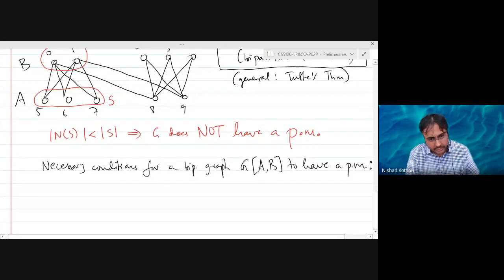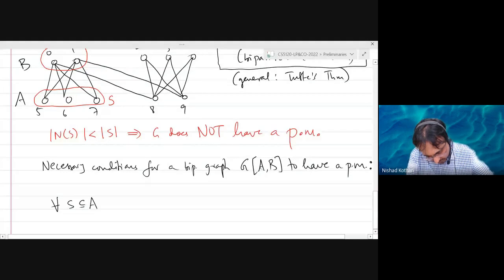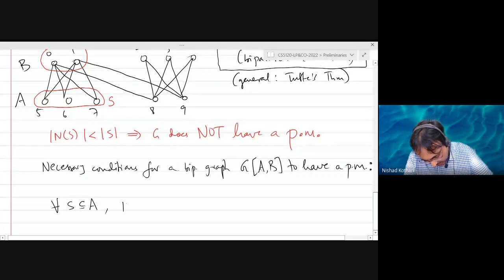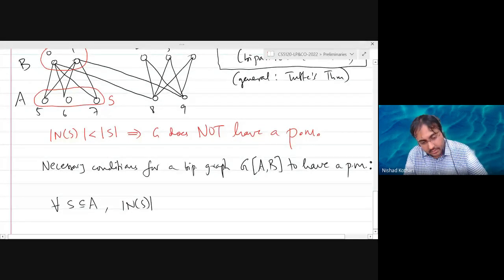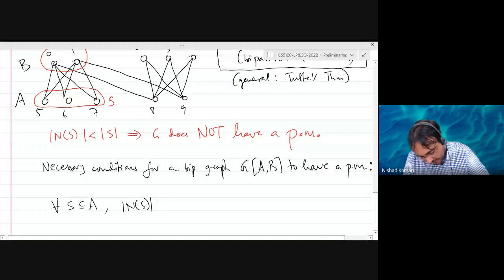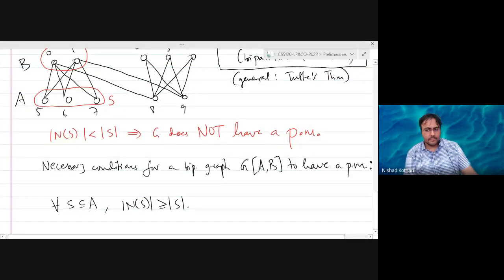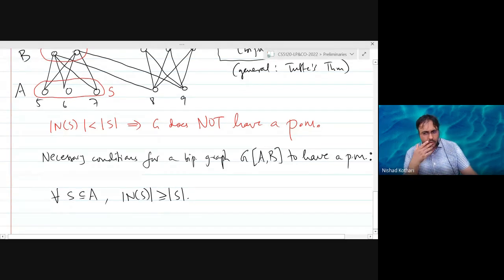And one of the conditions that you have pointed out is that for every subset of A, the neighborhood of that subset should have cardinality at least the size of that set. Is there any other condition you need?